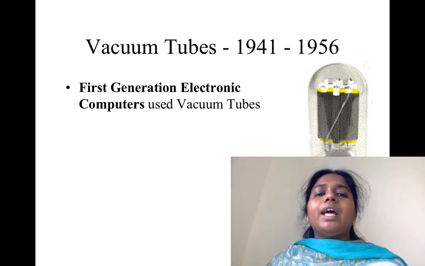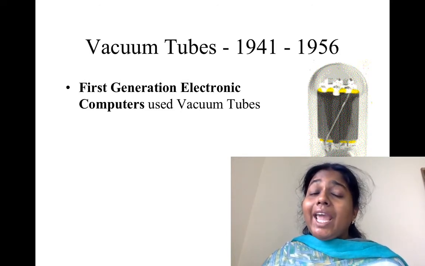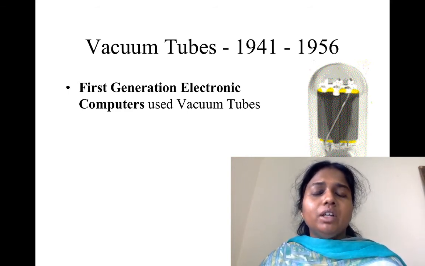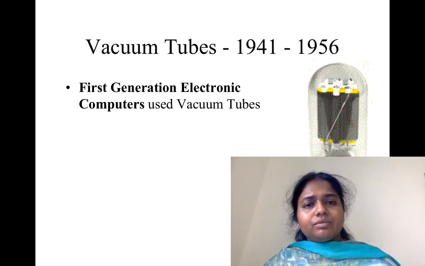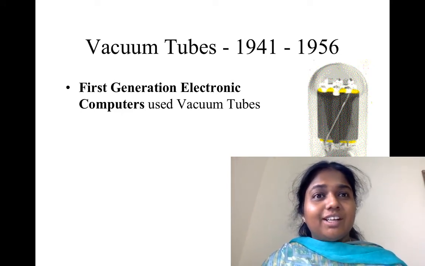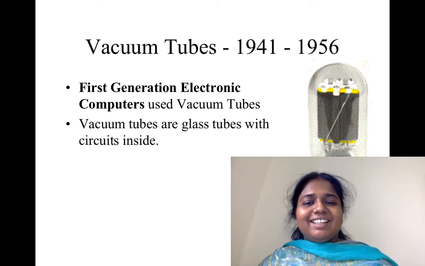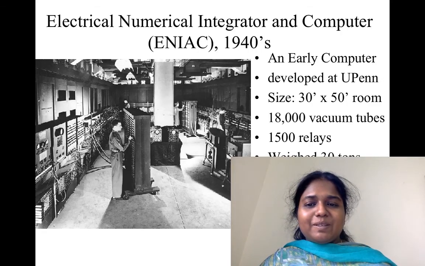This happened in 1941. Jacquard's loom was in 1801, and after 150 years, you have the vacuum tubes, just before our independence. So it's not like it happened long, long ago. These are vacuum tubes.